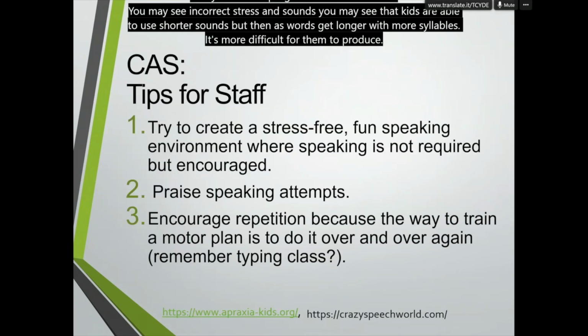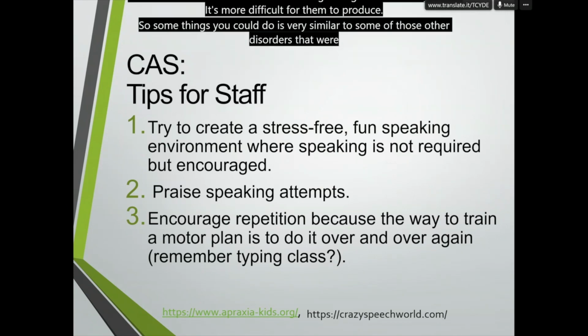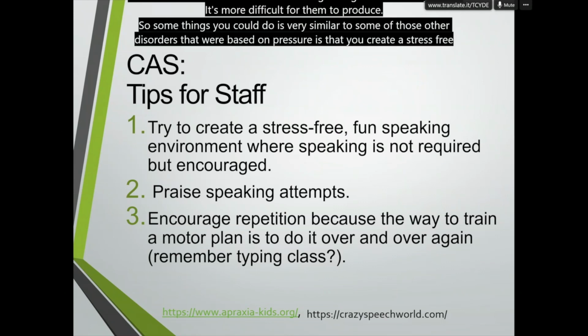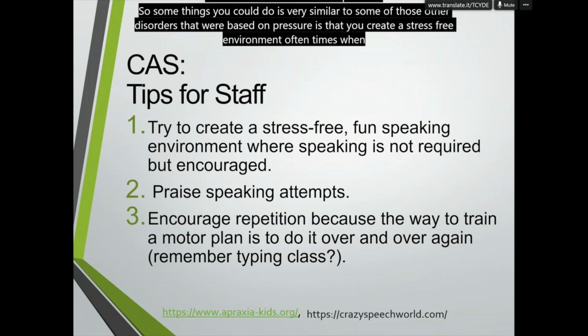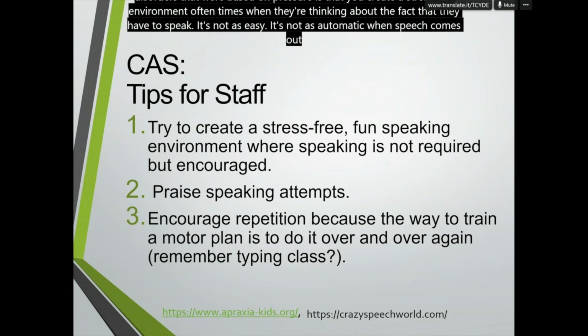So some things you could do are very similar to those other disorders that were based on pressure: create a stress-free environment. Oftentimes when they're thinking about the fact that they have to speak, it's not as easy. It's not as automatic. When speech comes out automatically, it's more successful for these kids. One thing you could do is encourage repetition.